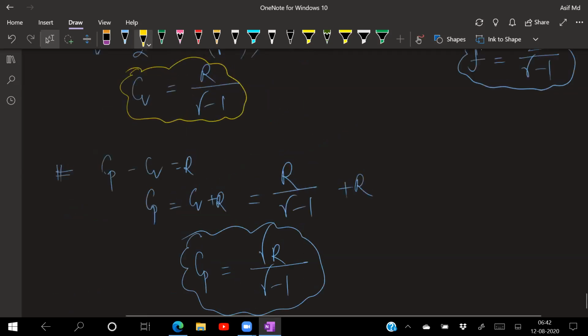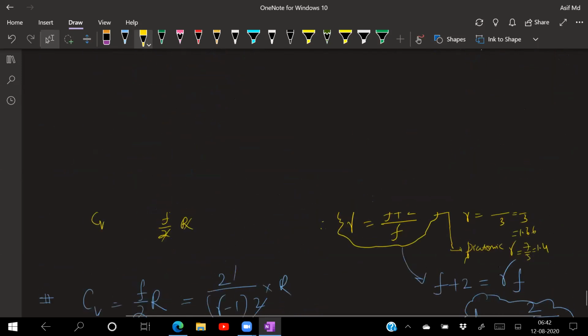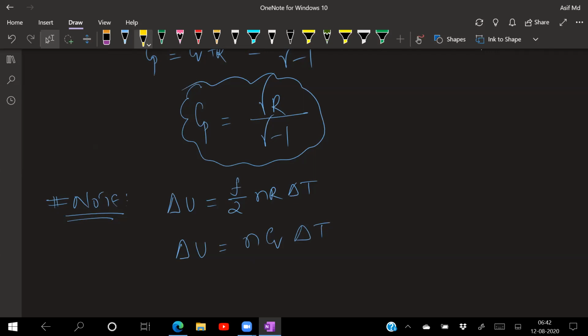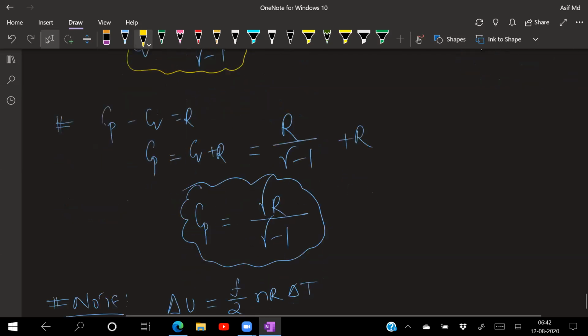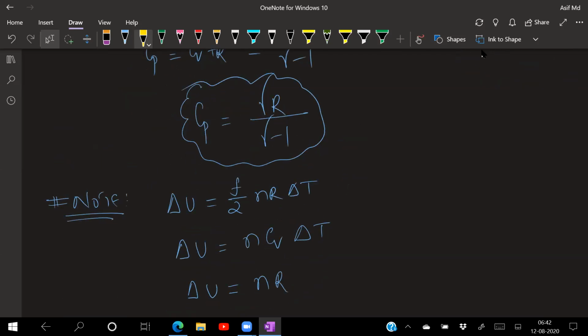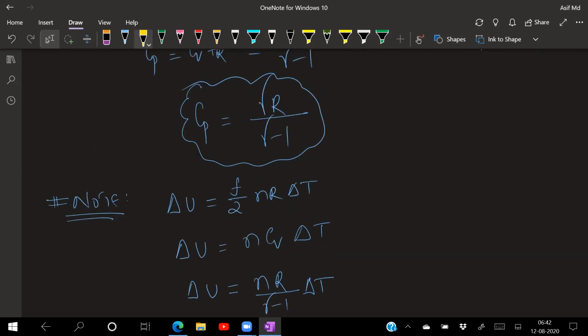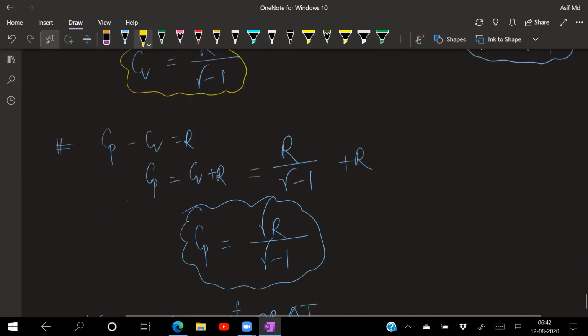Because just now we got that the CV value is equal to F by 2 into R. So delta U is equal to N into CV into delta T, and this can also be written as delta U equal to N into R by gamma minus 1 into delta T. These are the different forms you need to remember for the value of delta U.